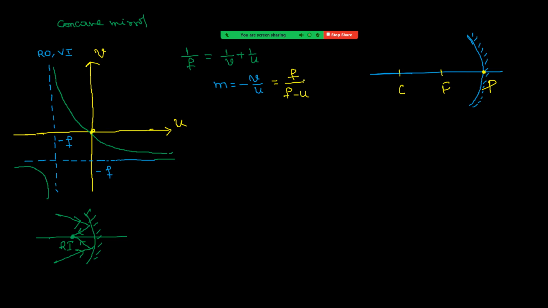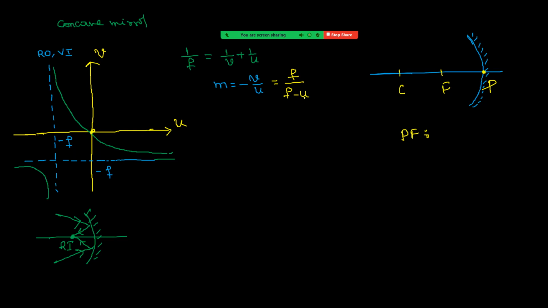So follow carefully. When the object is in between focus and the pole, U is less than F. Then F minus U is positive and F minus U is less than F. Therefore, total value greater than 1. That means image is, I am writing here, in between pole and focus.